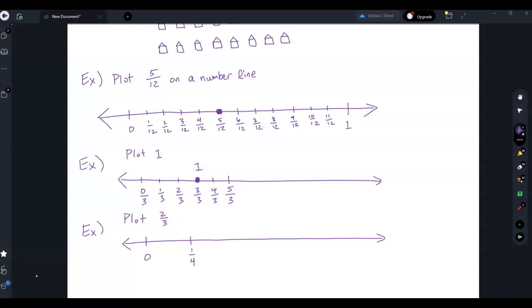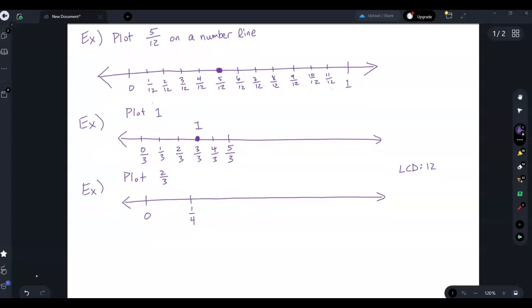So when that happens, what you should do is you should use a common denominator. So this denominator of 3 and this denominator of 4 would have a least common multiple of 12. So what I would do here is I would use that common denominator. My least common denominator here is 12. And so go ahead and split this up into 12ths. So I might need to do some manipulation here in order to make that work.